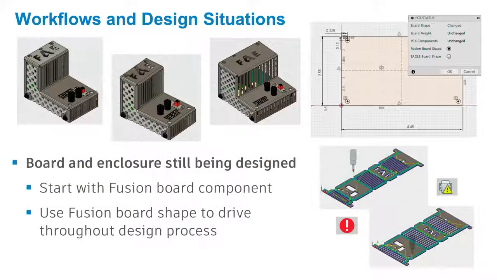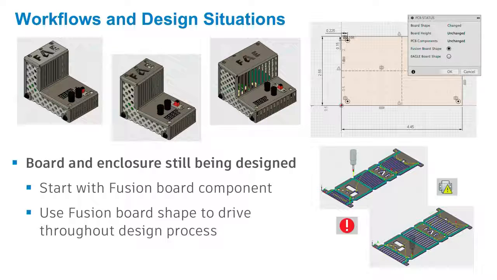So the last situation is when both the board and enclosure are still being designed, we may have large changes made to the board. And in this situation, we want to approach the whole design in a way that allows both the board and assembly to be easily updated from either side. And this is actually easiest if we start with the Fusion board shape and then use it throughout the design process to drive the PCB.